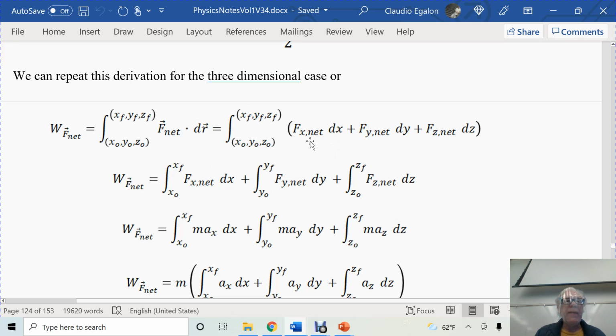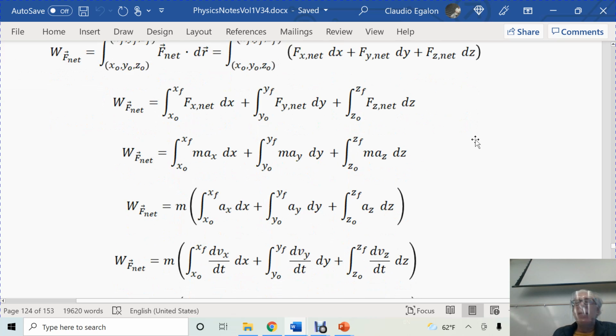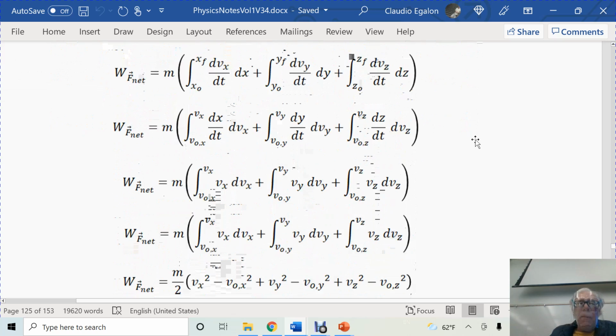Oh yeah, I did the derivation now by expanding the dot product, right? I spelled out F dot dr with Fnet in the x direction dx plus Fnet in the y direction dy, and so on. I didn't do that here, but in the previous one. But that's the way we do it.